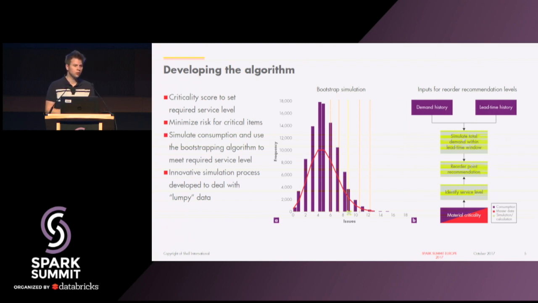And we also looked at the demand history, and we used a bootstrapping approach to simulate 10,000 times per spare part inventory item the consumption. And we brought all of that together to calculate, on the basis of the criticality, which we translated into a service level, how many items we would need to have in stock at any one time, and importantly, to calculate the reorder points for the inventory levels.